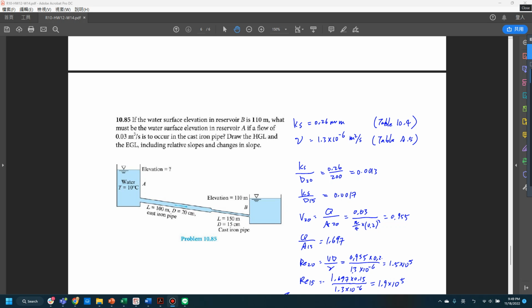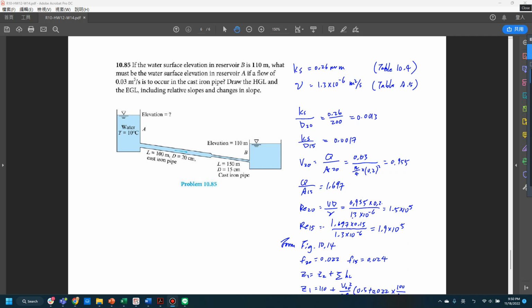And from Table 10.4 and the table in Appendix 5, you can find the coefficient for the roughness case and the viscosity number, as I show in the upper right corner here.